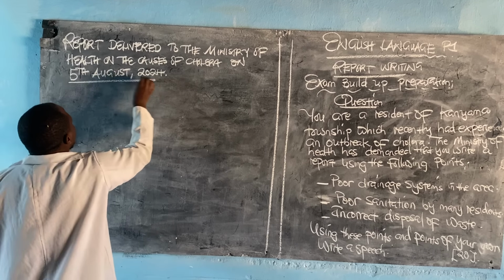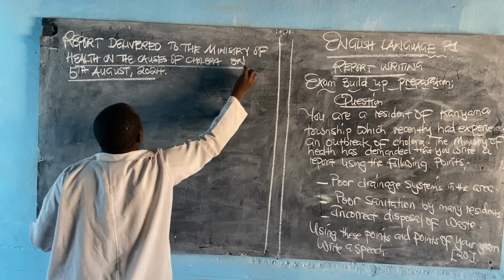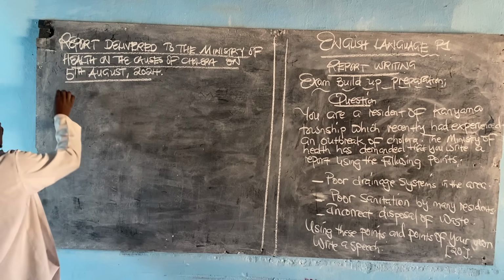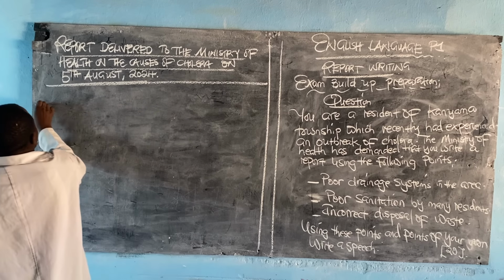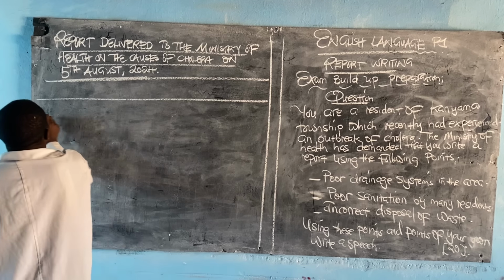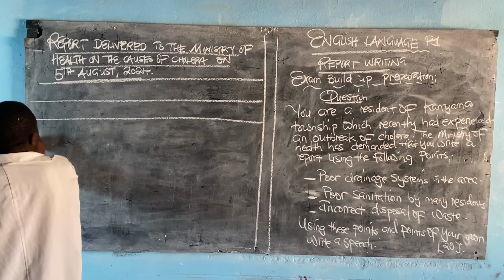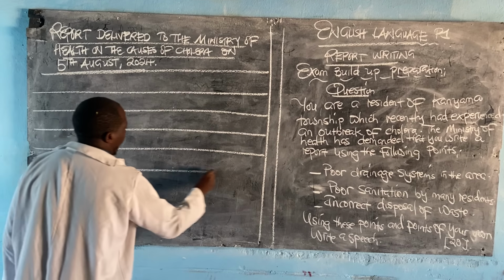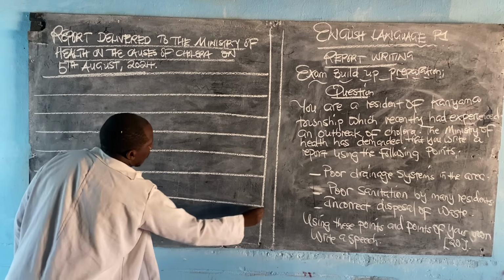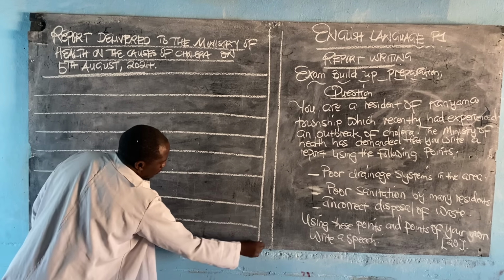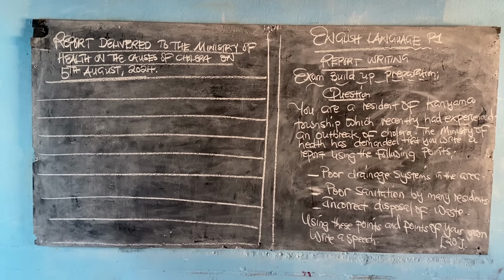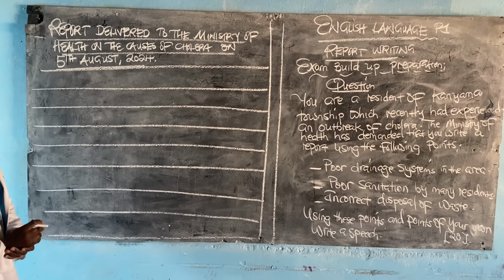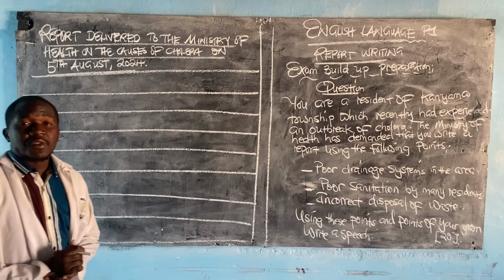It's highly important that we also underline. So it's very, very important that we underline. So suppose these are our lines. Report delivered to the Ministry of Health on the causes of cholera on 5th August 2024.